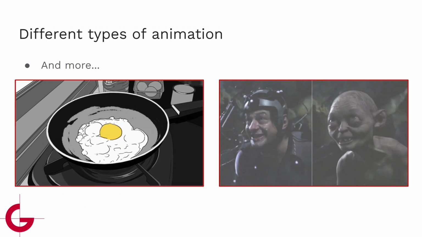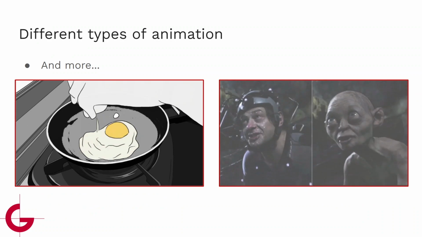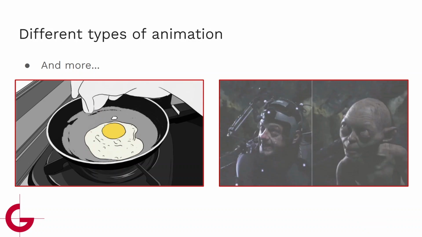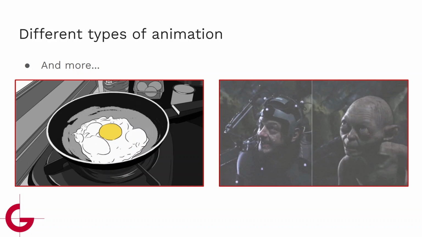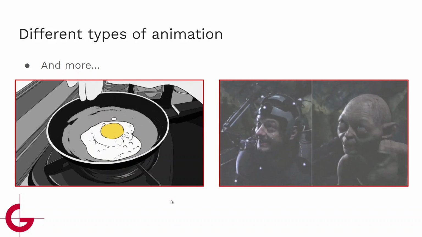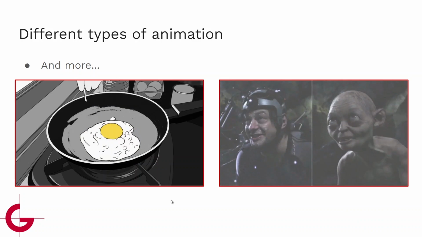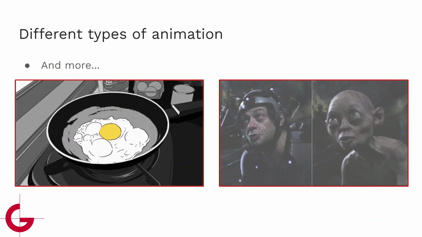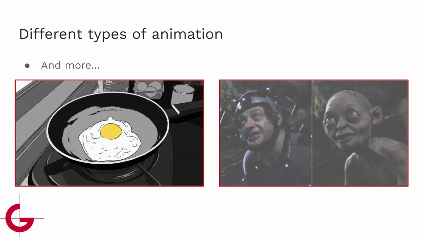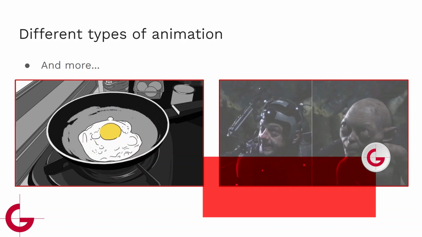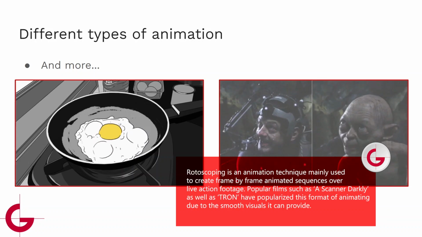And of course, there are a lot more kinds of animation that people have used to create really amazing results. The picture that you see on the left here is actually rotoscoping, which is when they capture a video of some action and then draw on top of that video to create the animation.